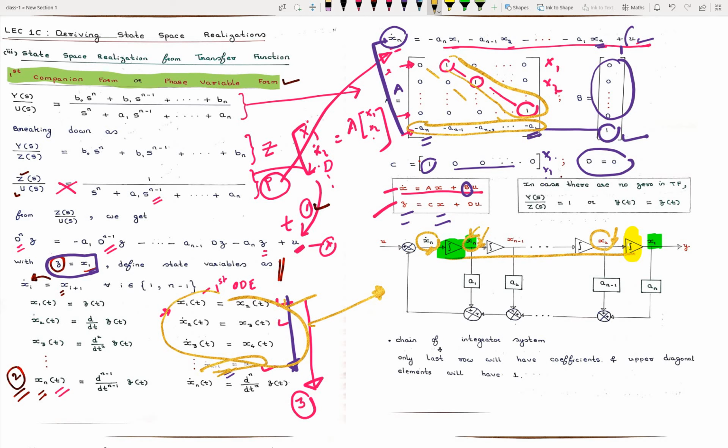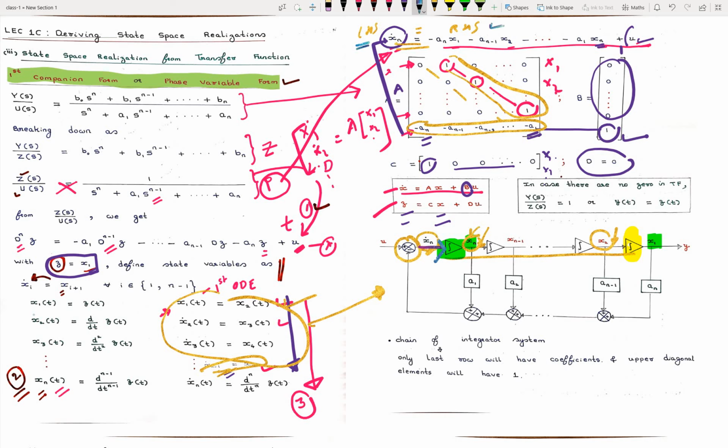So we have to focus only on the last equation, xn dot. How can we realize it? Think, we have an equal sign, so we have a left hand side and a right hand side. When you have an equation, you use a summing block. Whatever we have on the left hand side, take it as the output, xn dot, and whatever we have on the right hand side, give it as input.